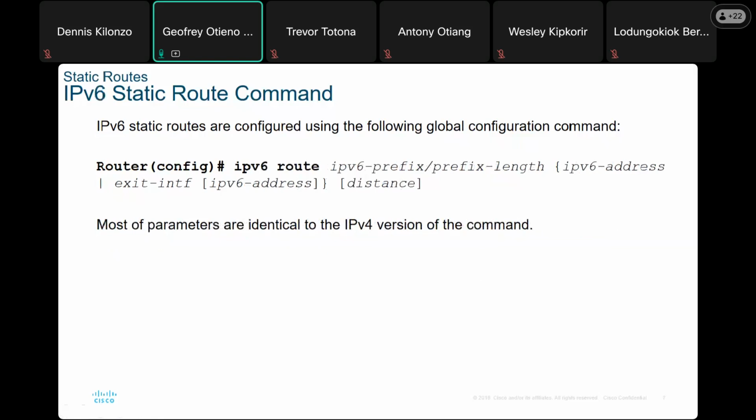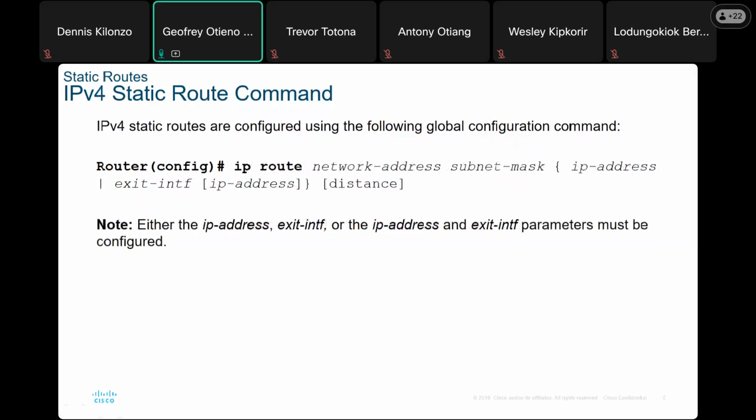Same applies with IPv6. So this is the distance that I was forgetting here. Now the distance in this case refers to the default number. A static default route is always one. That's the default. But you can have 2, 3, 4 if you want to create what I'm calling a backup route, then this distance will play a major role for you.